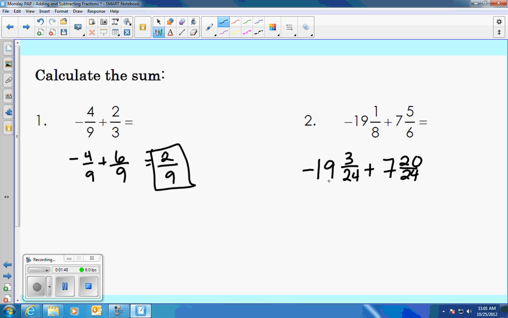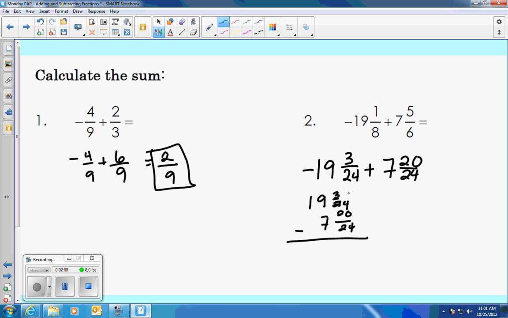which means this is going to be 20. Now, because the 19 is negative, we have more negatives and less positives. So what we're really going to end up doing is subtracting these two numbers because of our integer rules. So I'm going to write them vertically because there's going to be some borrowing involved.